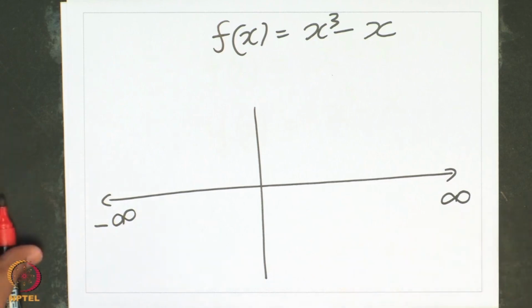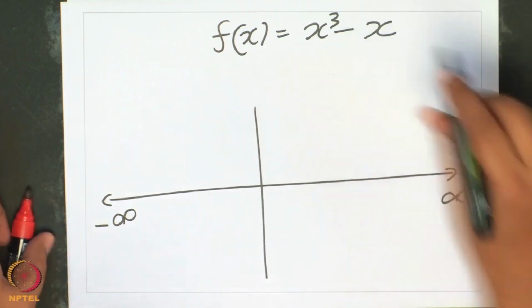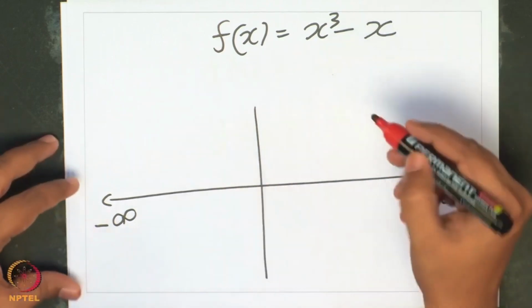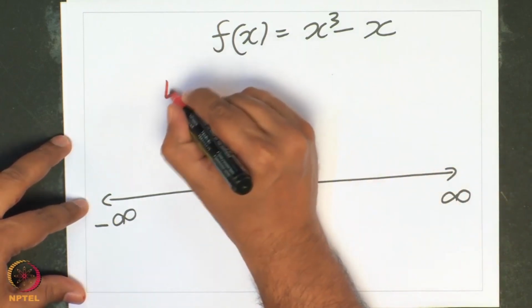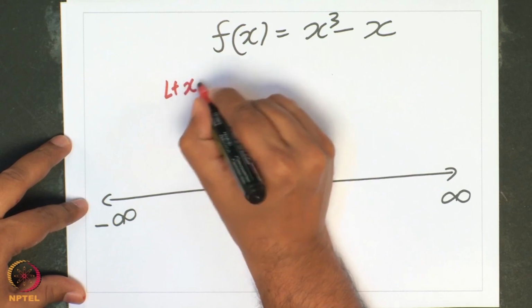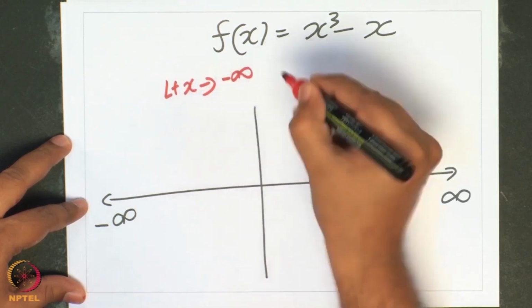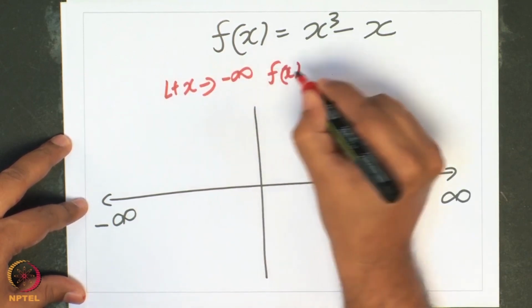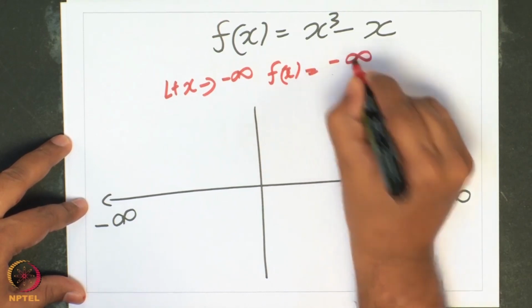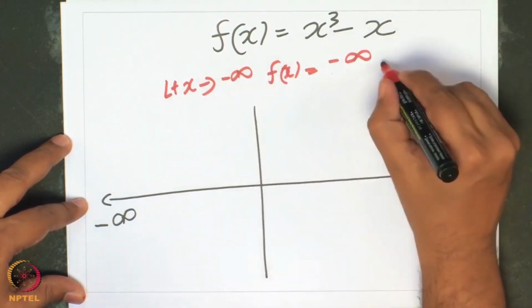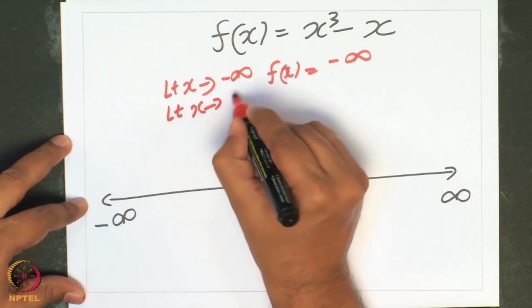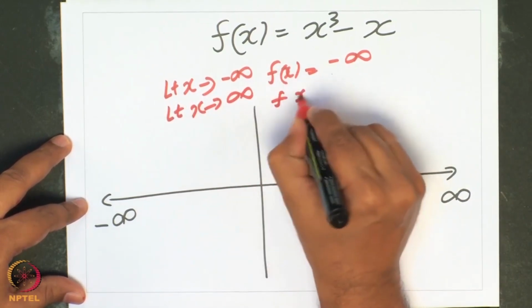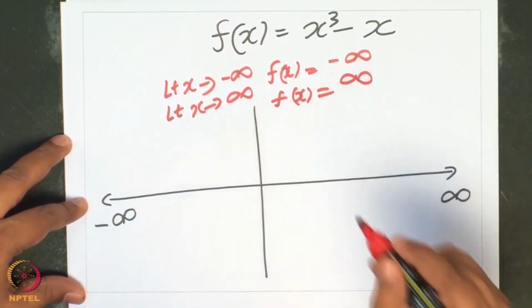What we found is that in the limit as x goes to minus infinity, the function is minus infinity, and in the limit as x goes to plus infinity, the function is plus infinity.